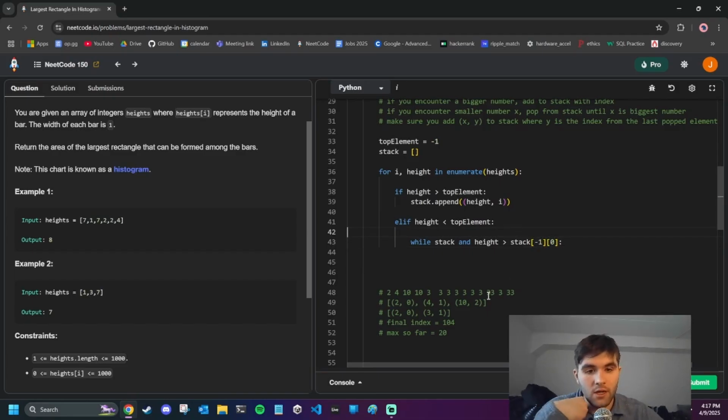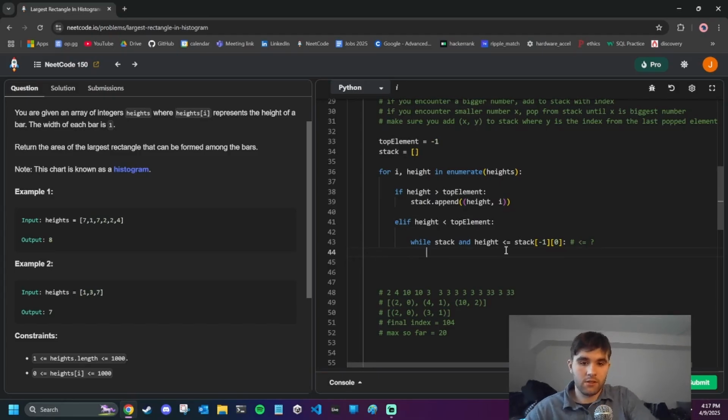So if I'm a number and I'm bigger than, no, if I'm less than, yeah, while I'm less than or equal to, I think. I'll make a note of that. Okay, so while I'm less than or equal to, I want to continuously pop from the stack.